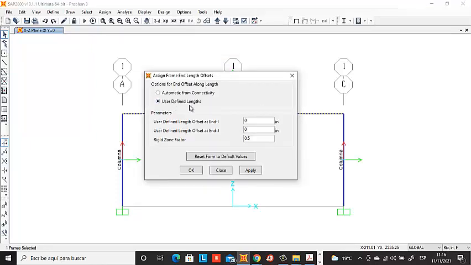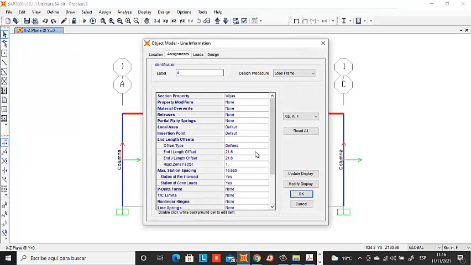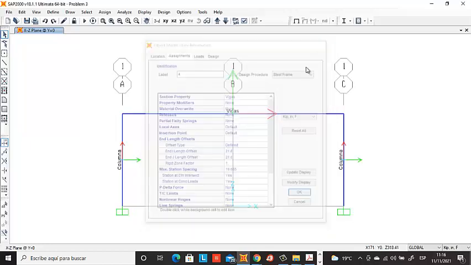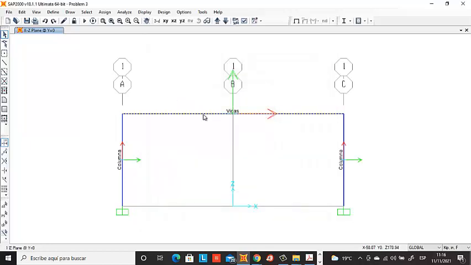And we need to put here 20.6 at the beginning and 20.6 at the end. And we need to put a rigid zone factor equal to 1 to consider the total length that we are introducing here. I already did that, and we can see here the rigid end zones at the end of this beam.